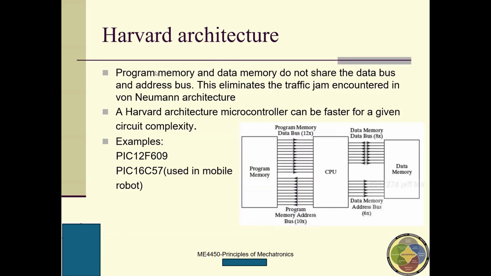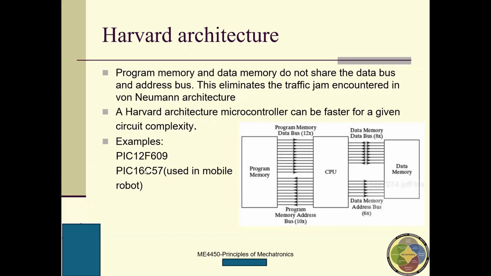These two use their own data bus and own address bus. This eliminates the traffic jam encountered in the von Neumann architecture. So a Harvard architecture microcontroller can be much faster for a given circuit complexity.